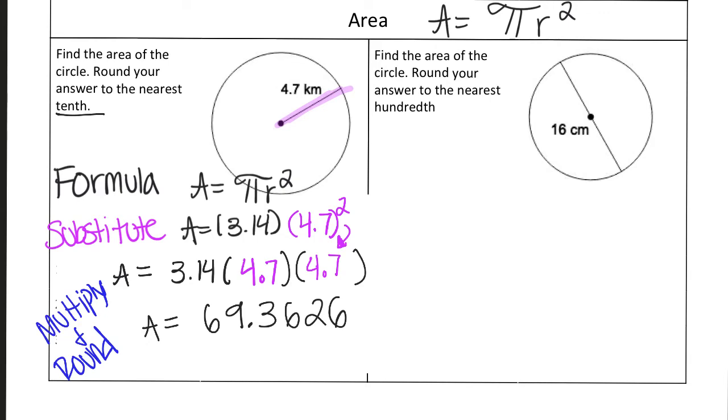My instructions are to round to the nearest 10th. So here's my 10ths place. I look to the right. 6 is bigger than 5, so I add 1 to the 3. So it's 69.4 kilometers squared. Okay, area is square units.